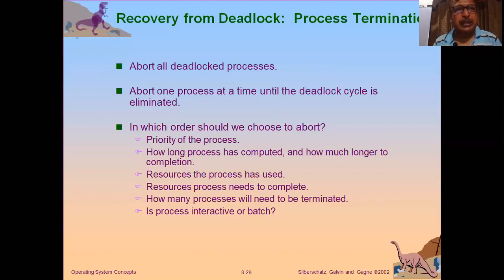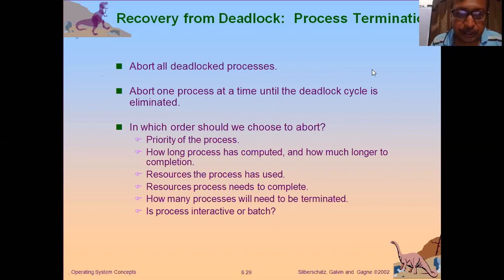So one possibility is that we abort one process, we terminate one process, and the cycle will be broken, and then we will be able to say that the deadlock is removed. We will assume that if we terminate this process, the cycle will be broken.